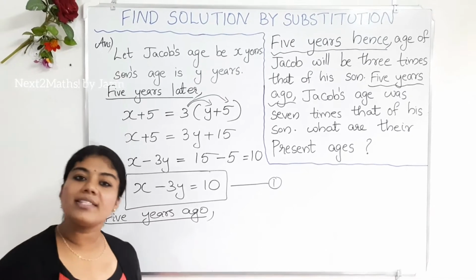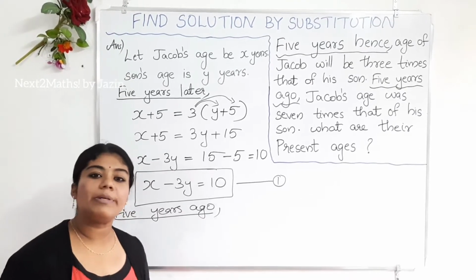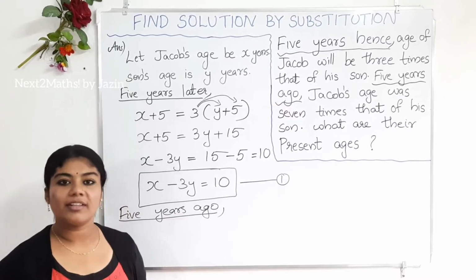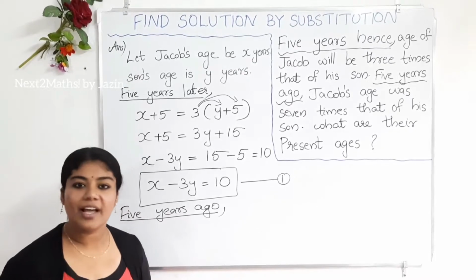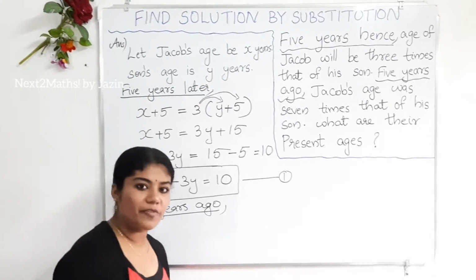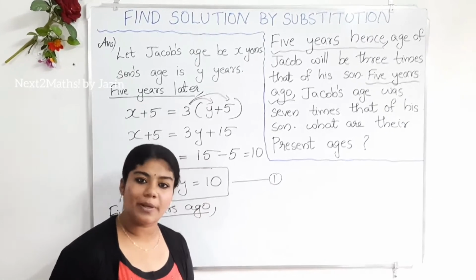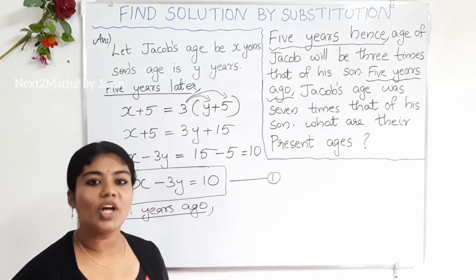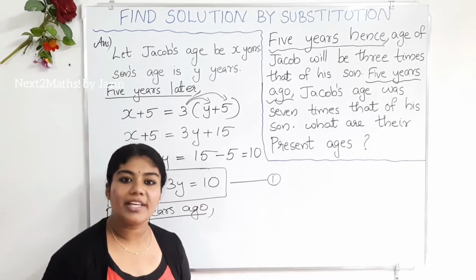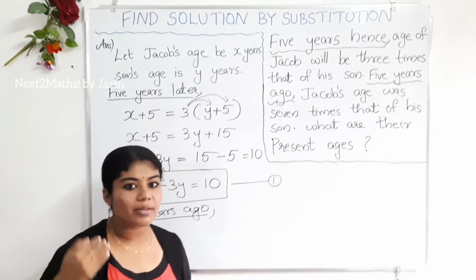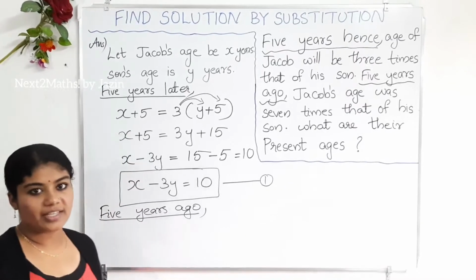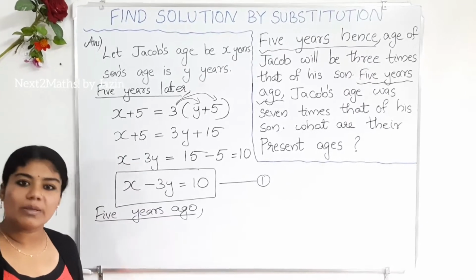If Jacob has x years now, what will be his age 5 years back? Yes, correct. We have x minus 5. 5 years back, the age will be x minus 5, and the son's age is also, yes, y minus 5. So 5 years back means you have to subtract: x minus 5, y minus 5.